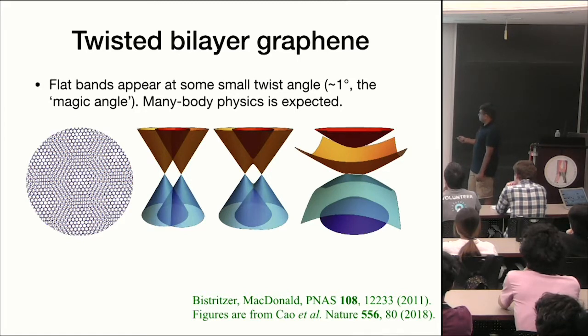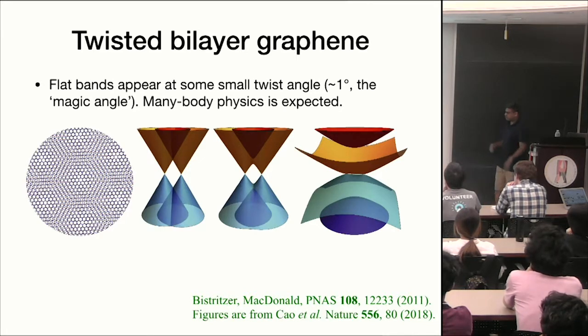And if this modification is strong enough, which is what happens in this case for small angles, you will get some effective physics, some effective bands that are produced by this Moire lattice. So that's what we want to examine: how exactly are these bands created, and what is the nature of the topology of those bands.